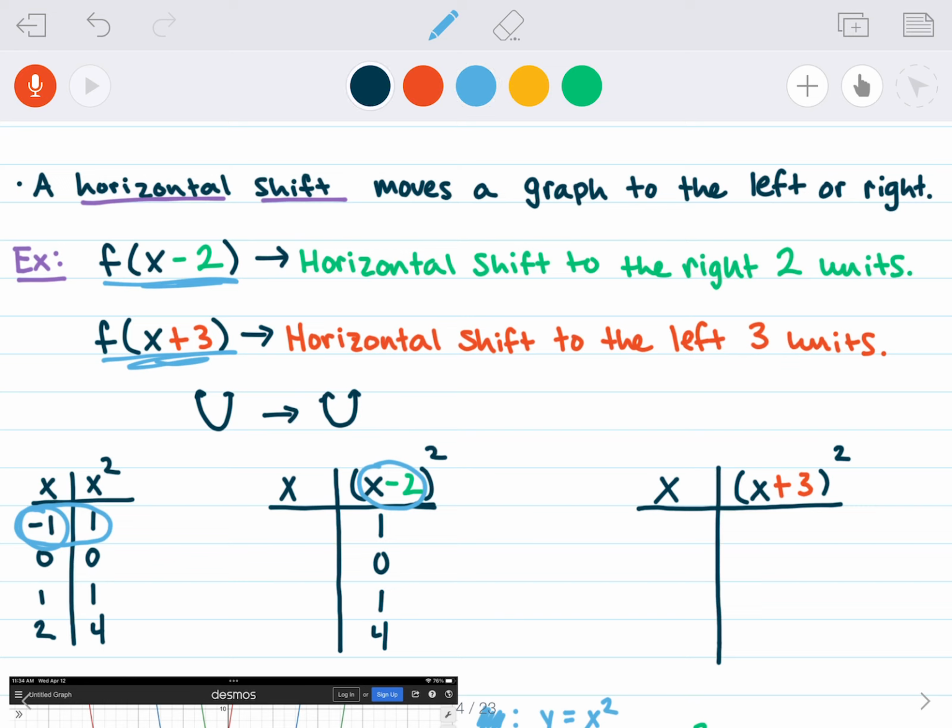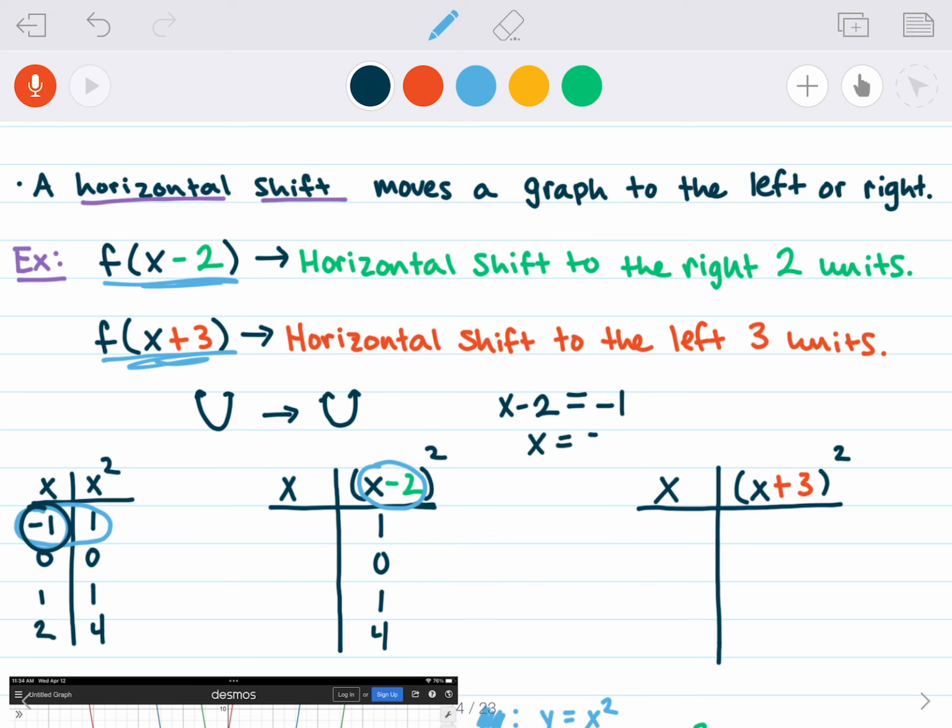So what I do here is I say, okay, this input x minus 2 had better equal the input of -1, because if I put in the same input, I'm going to get the same output, which is exactly what we want. So right here, I'm going to isolate x by adding 2 to both sides.